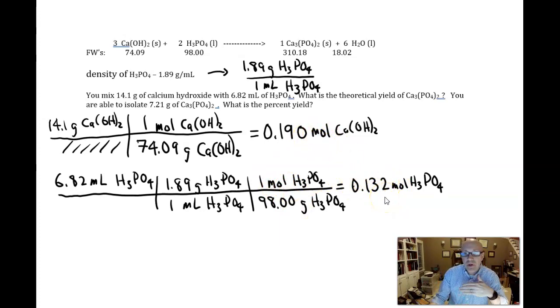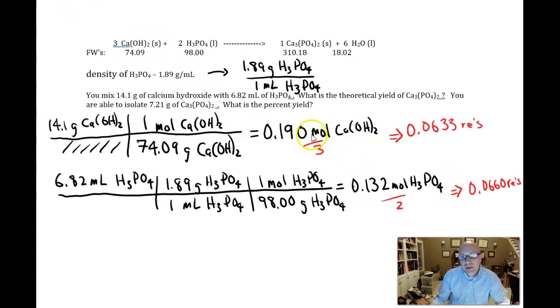Remember, we can't just look at the one that there's fewer of and assume that that's the limiting reagent. We have to consider how many moles of those we need from the balanced reaction, and basically calculate what we call the reaction equivalence. You do that by dividing each by its coefficient.